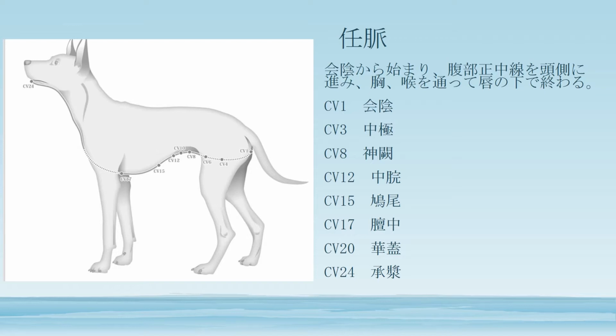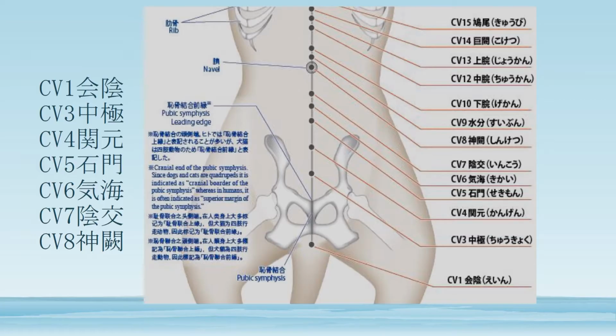The starting acupoint is CV1, then we have CV3 on the abdomen, then CV8, CV12 around the navel, then we have CV15, CV17, CV20 on the chest, and then CV24 on the face.